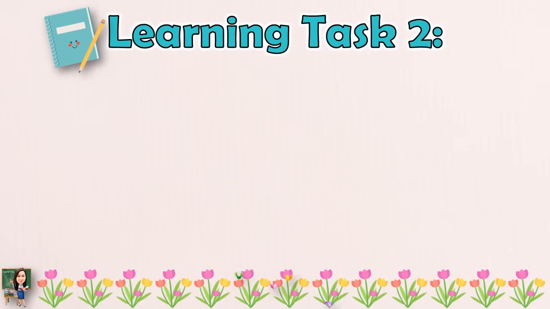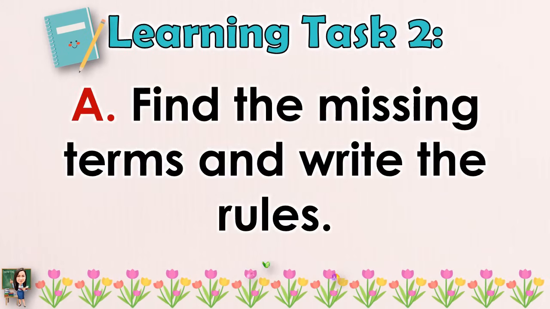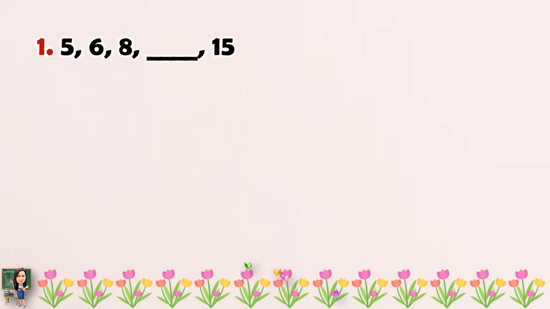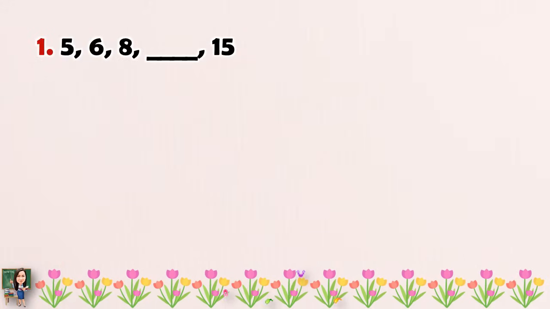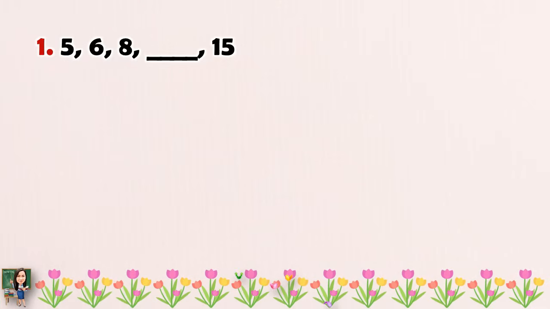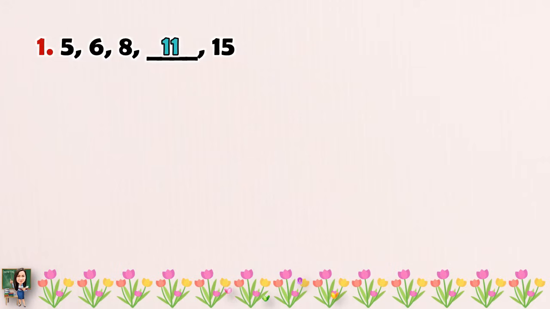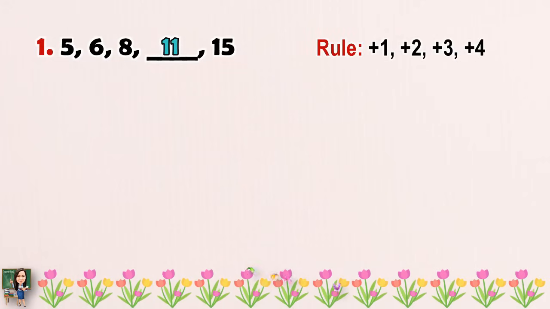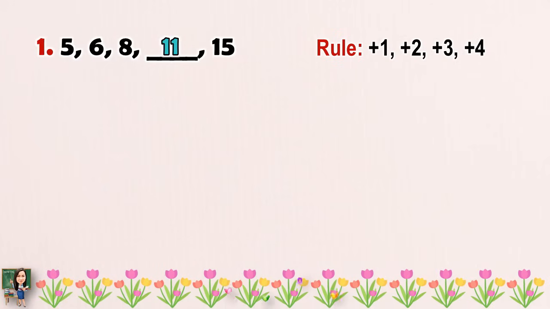For learning task 2, A, find the missing terms and write the rules. Number 1, 5, 6, 8, blank, 15. What is the missing term? Very good. The missing term is 11. And the rule is plus 1, plus 2, plus 3, plus 4.